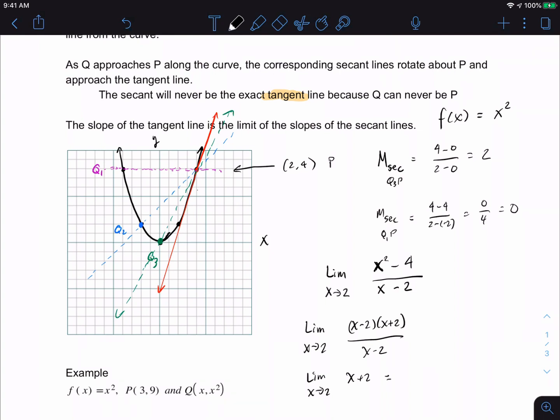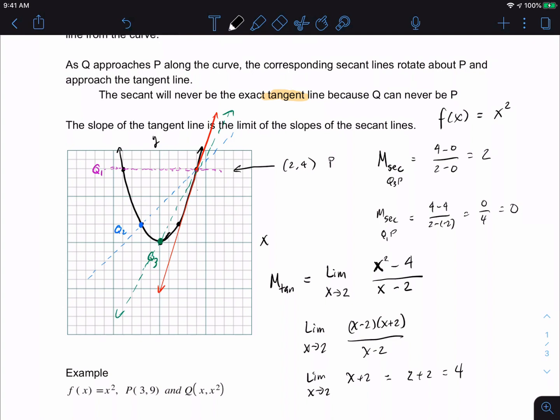And then from here what we can do is something called a direct substitution, which is 2 plus 2, which tells me that the slope of that red line is 4. So once we have this here, that's the slope of the tangent. It's no longer the slope of the secant, it's the slope of that specific line.